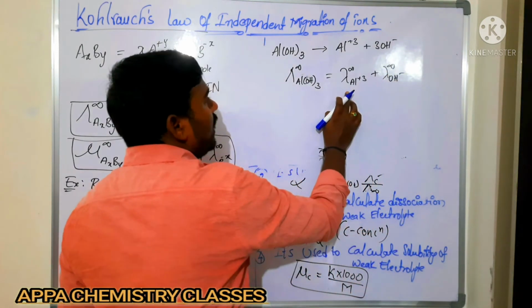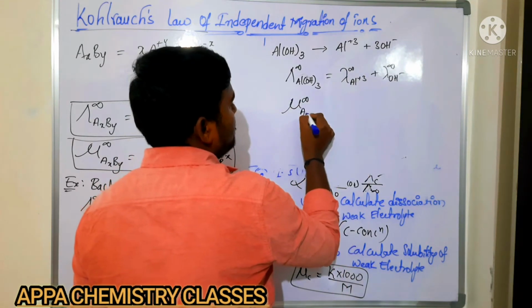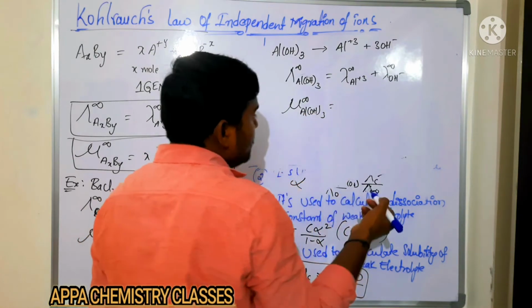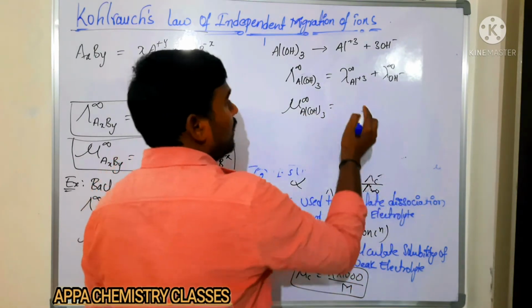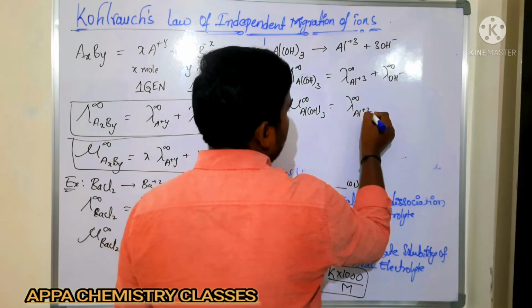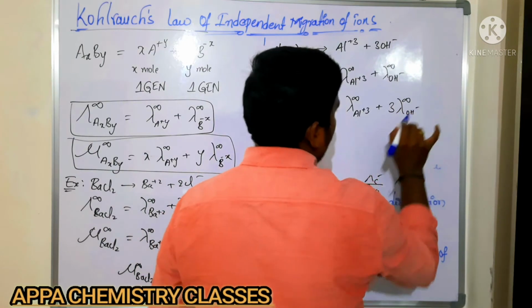In the case of limiting molar conductance, aluminium hydroxide will be the sum of the molar ionic conductances at infinite dilution, that is, aluminium 3 plus and 3 times the molar ionic conductance of OH minus ion.